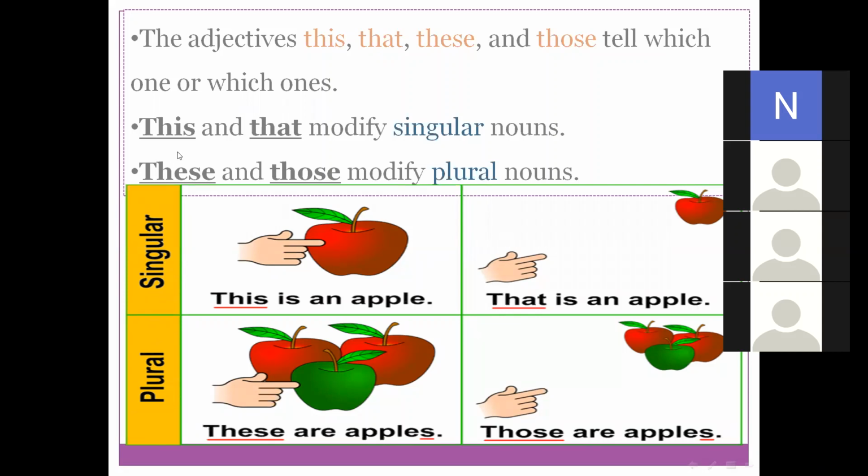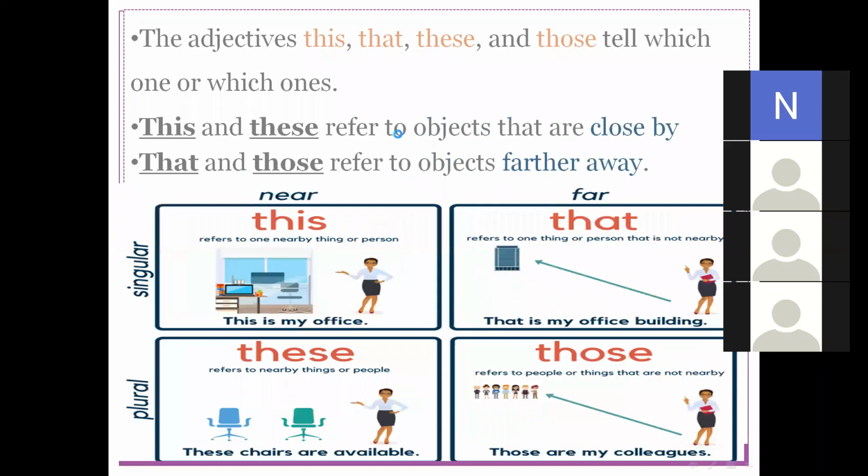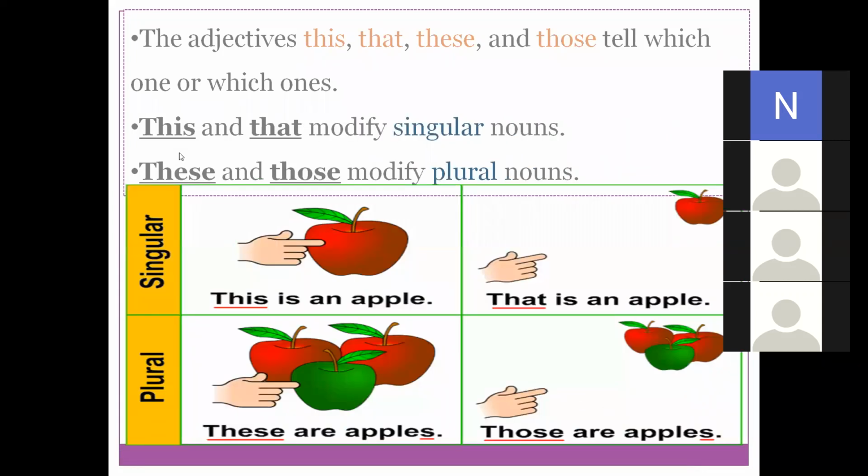Now we use this and that to modify singular nouns. If we are talking about a singular noun, we will use this and that. This is an apple. This is singular. That is an apple. Singular also.